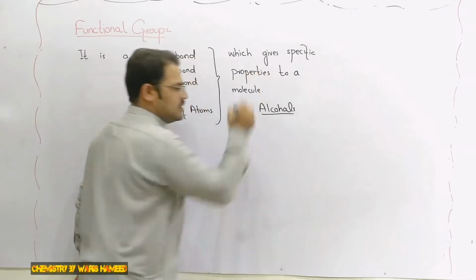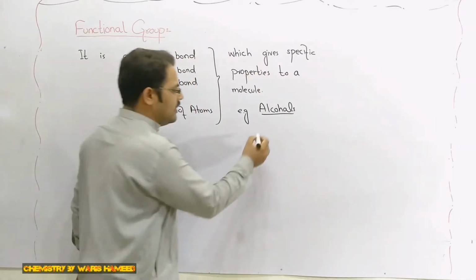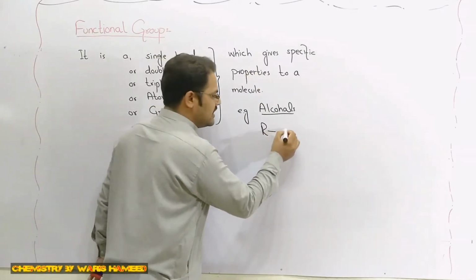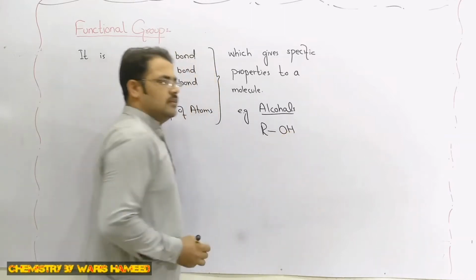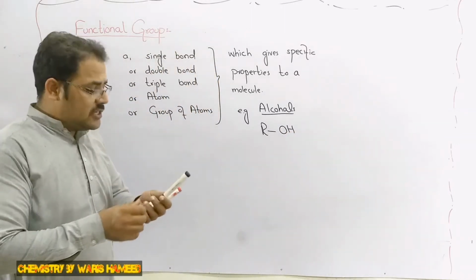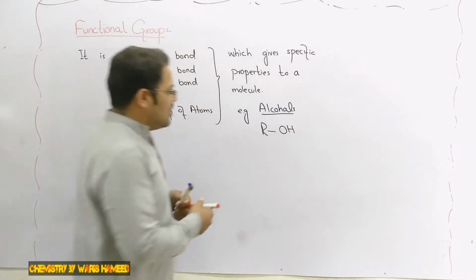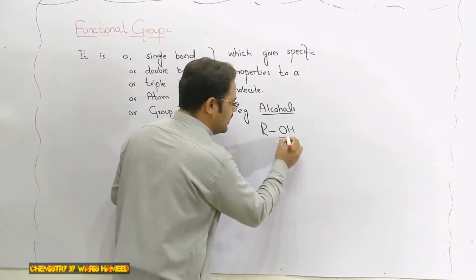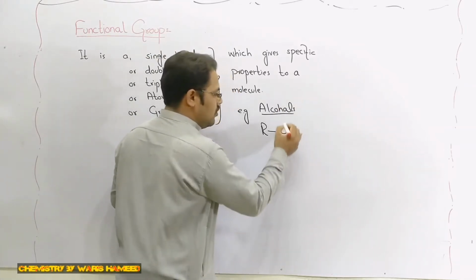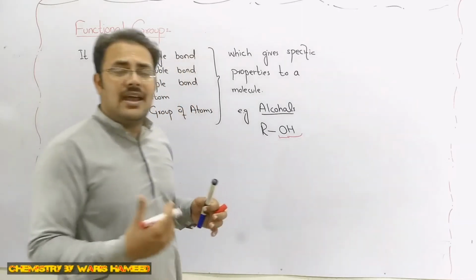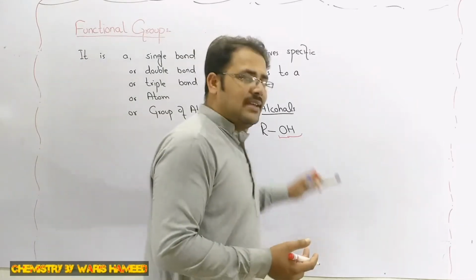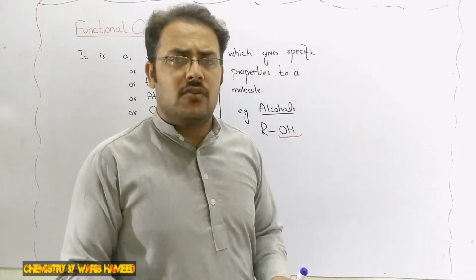In this case, an alkyl group is attached to hydroxyl. What is the functional group in this molecule? Hydroxyl is the functional group. OH is a group of atoms, so it acts as a functional group in alcohols.